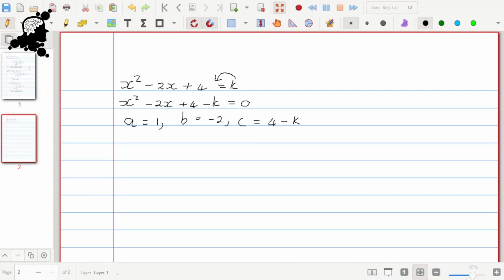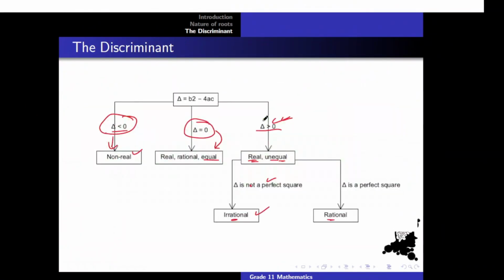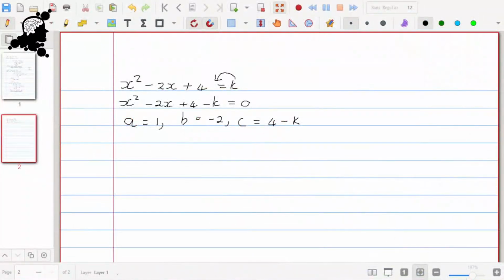The question asked us, for which values of k will the expression have equal roots? Now, if we go back to our diagram, we said for us to have equal roots, delta must be equal to 0. So we can go back to our writing pad and say, for equal roots, delta must be equal to 0.